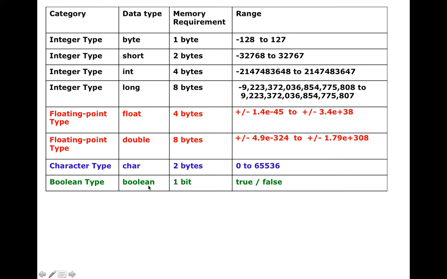You will realize that the memory requirement of Boolean is 1 bit, not 1 byte. By the way, I hope you remember that 1 byte is of 8 bits. So Boolean will not take 1 byte of memory. It will take only 1 bit of memory. And a Boolean data type can take only two values, true or false.